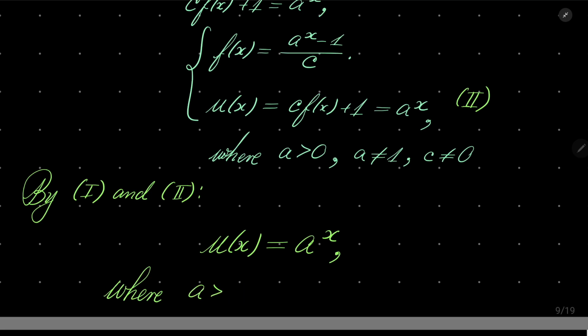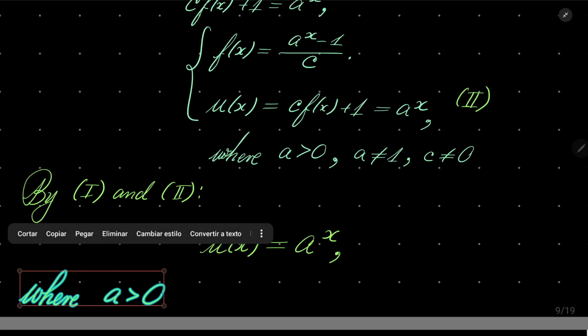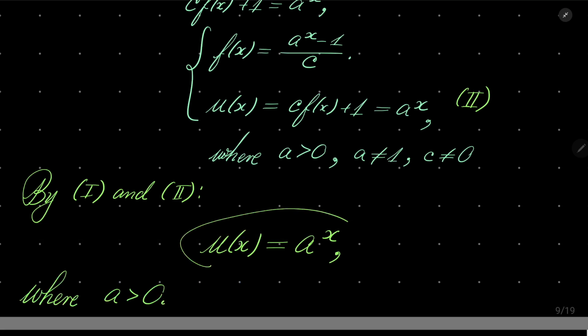It can be 1, because 1 to the power of x is just 1, and it was covered by case Roman 1. And that is our answer. Our solutions are just exponential functions and the function which is constantly 1.